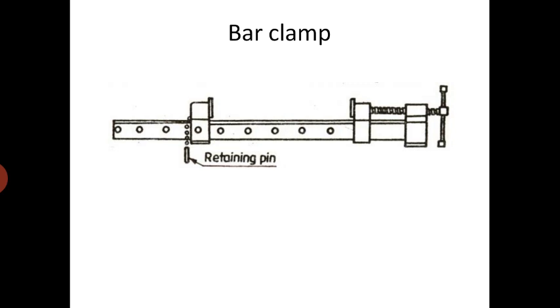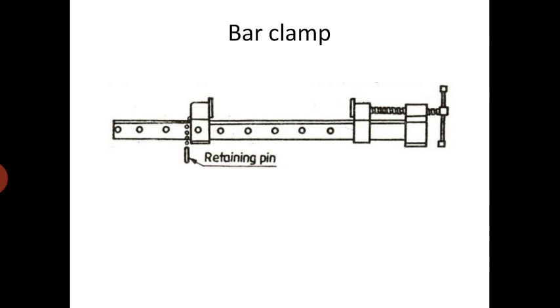Students, another important tool is carpenter's saw. These carpenter's saws are available in different shapes: tenon saw, key saw, and others. These saws are used for cutting wooden pieces into different parts.